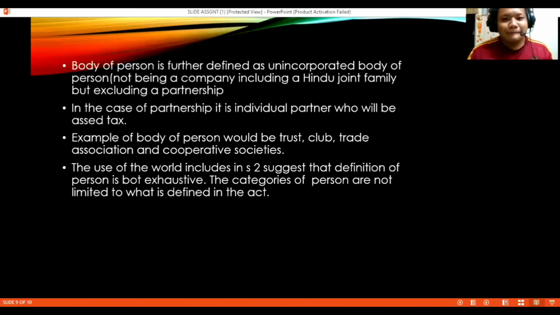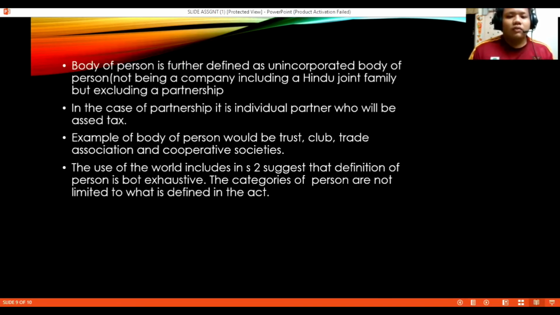Next, body of persons is further defined as an unincorporated body of persons, not being a company, including a Hindu joint family but excluding a partnership. In the case of a partnership, it is the individual partner who will be assessed tax. Examples of a body of persons would be trust, club, trade association, and cooperative societies.